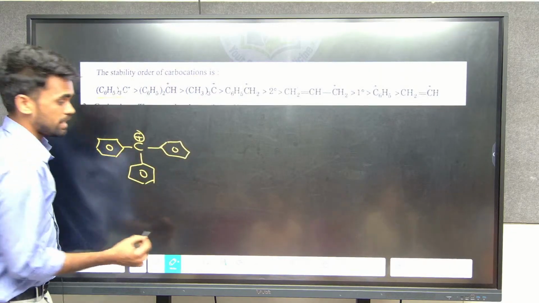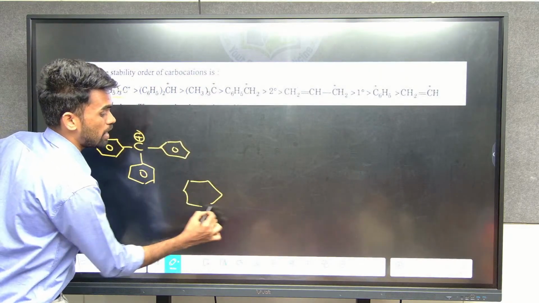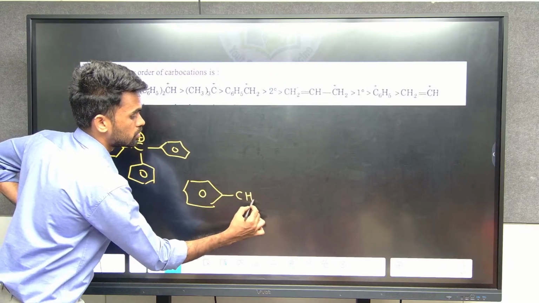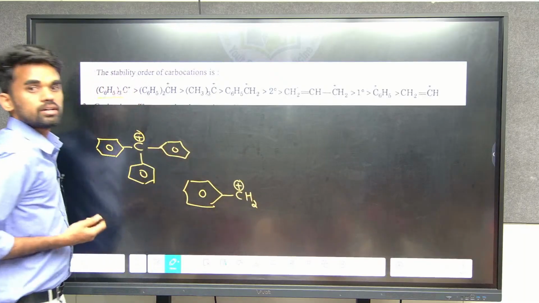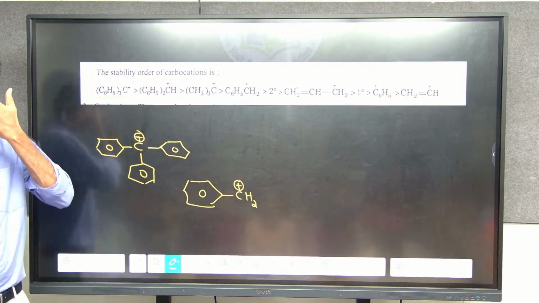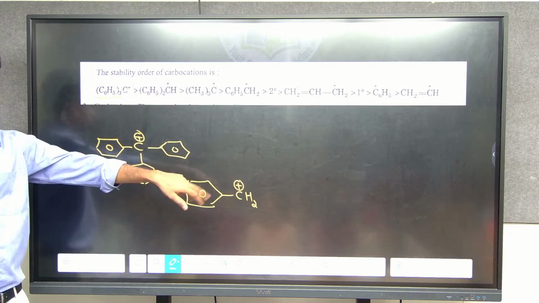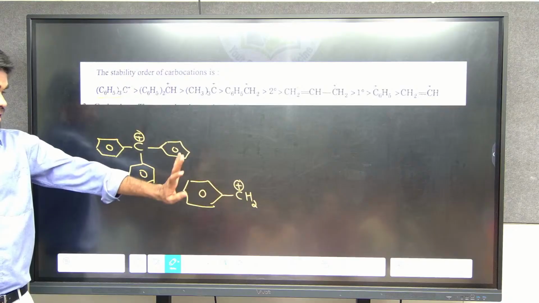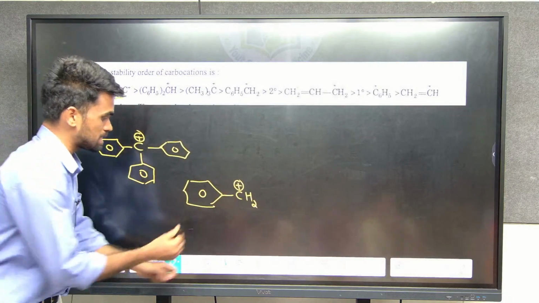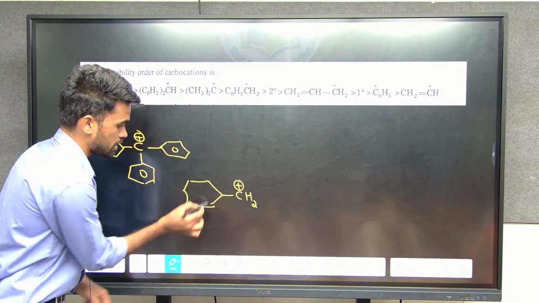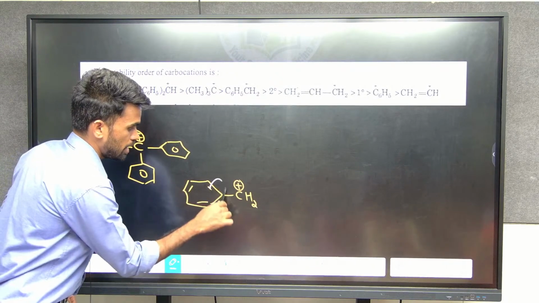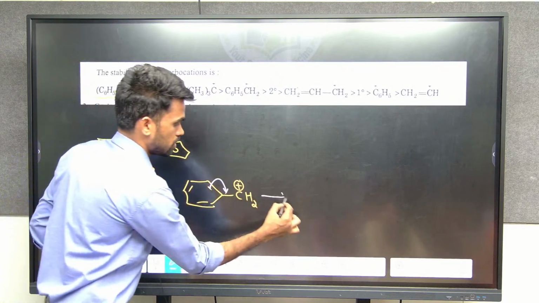See, if there is at least one phenyl ring, what is the name I told you? What is this called? This system is called benzyl. See, benzyl can be stabilized by these pi electrons. How will it be? See, like this conjugation is taking place.